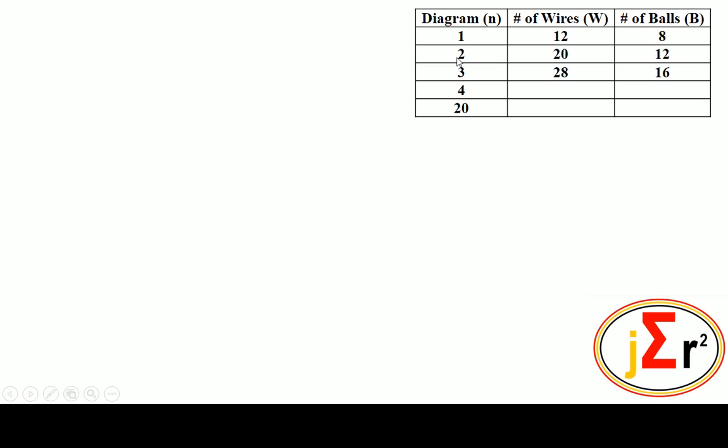For example, diagram 1, diagram 2, 3, and so on. The second column tells us the number of wires that are used in constructing a particular diagram. And of course, the third row tells us the number of balls that are in a particular diagram.